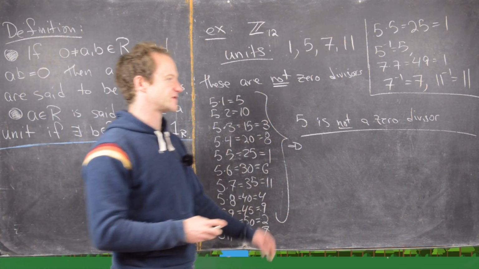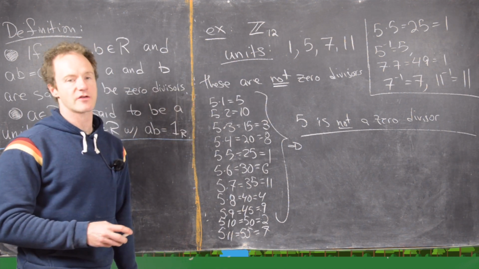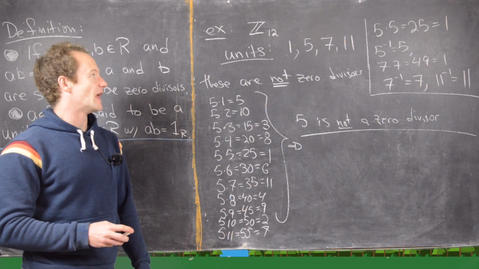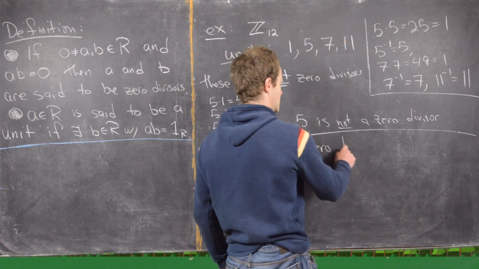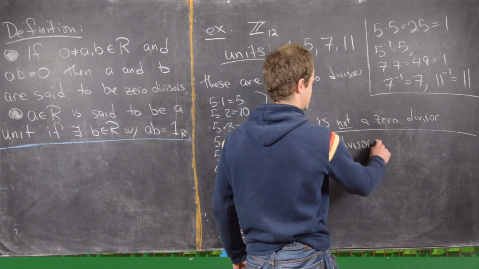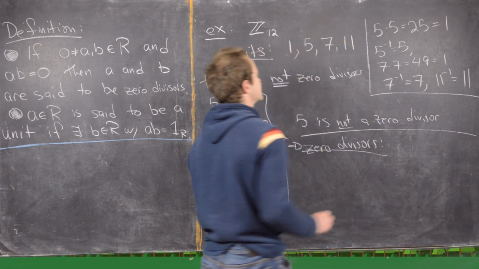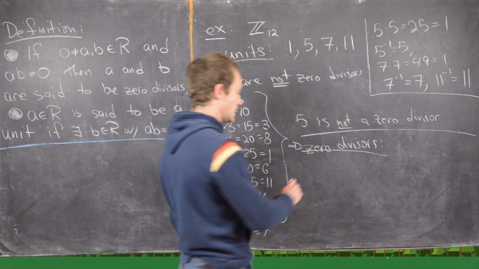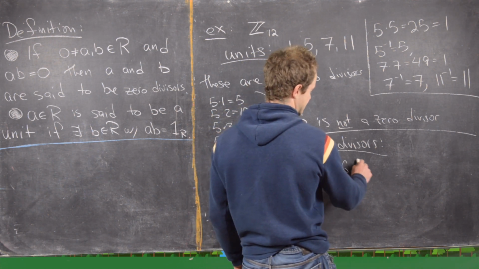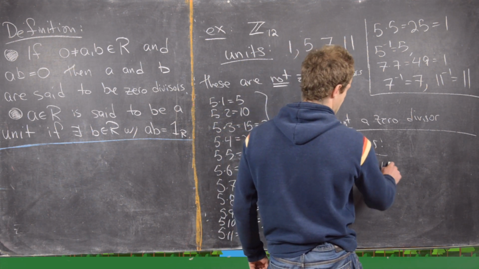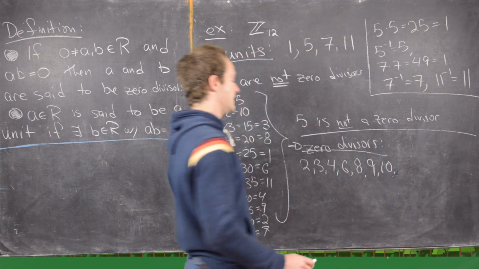Well, the zero divisors are going to be everything else, in other words, everything that is not a unit. So let's look at those. Obviously there's going to be many more of those. So we'll have 2, 3, 4, 6, 8, 9, 10, and then that's it.